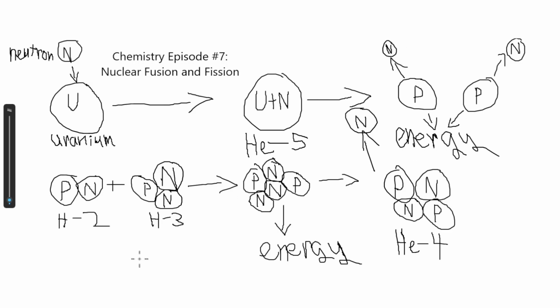And nuclear fusion is when two isotopes combine together. Nuclear fission, an isotope splits apart. Nuclear fusion, two isotopes come together. That releases a lot of energy, and this new isotope is also unstable, so it'll go under a version of radioactive decay.